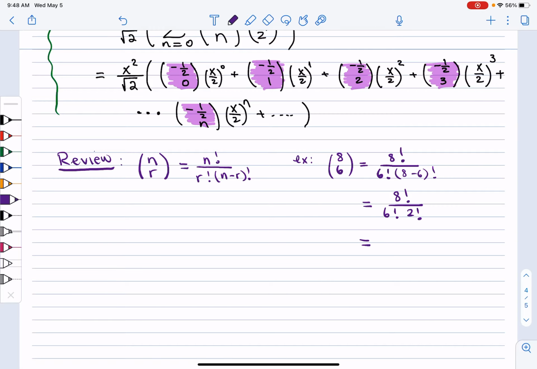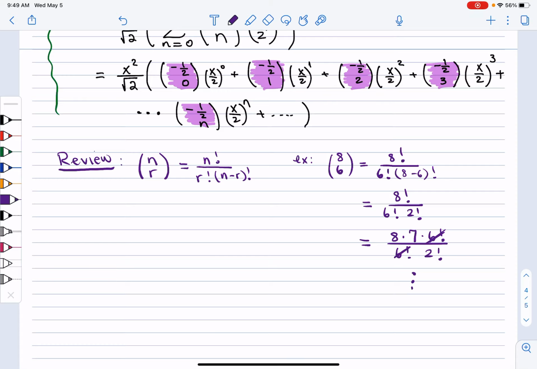For the purposes of what I want to do, I want to simplify it in the form of 8 times 7 times 6 factorial over 6 factorial, 2 factorial. And then the idea is that you can simplify the factorial there. For this problem, you can continue moving forward, but that's not what I want to do.